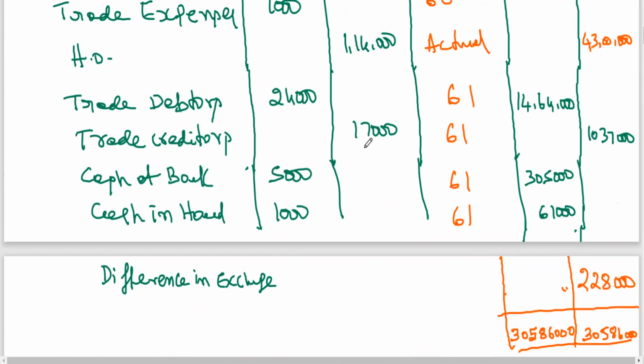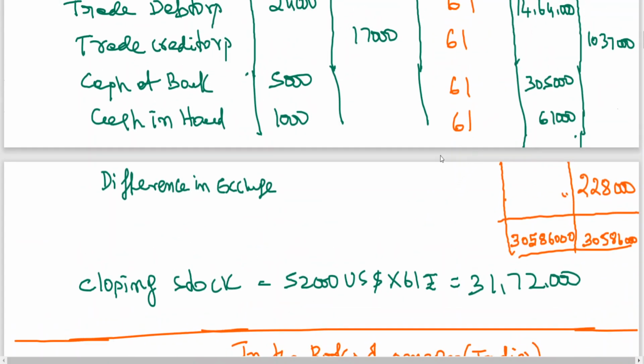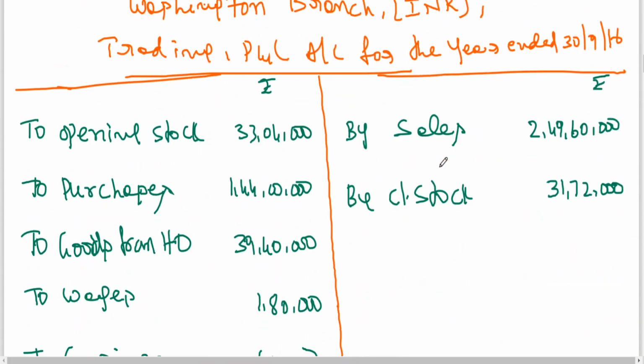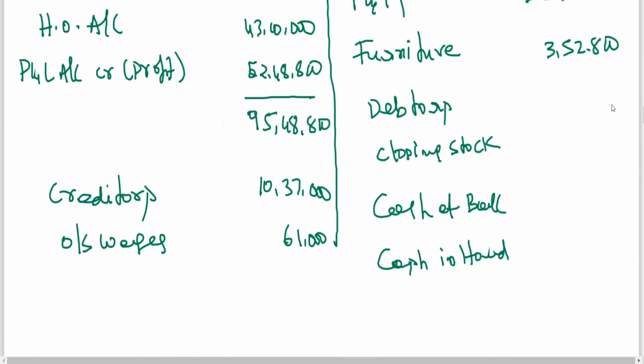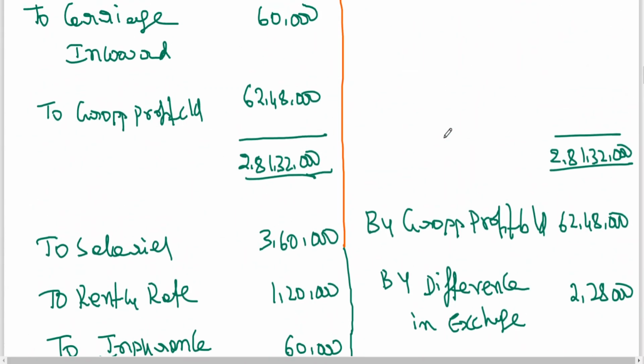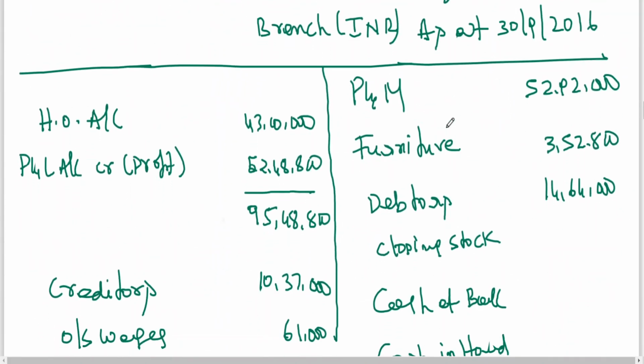Debtors 14,64,000, cash at bank 3,05,000. Stock is also there, no? Stock 31,72,000. So let me write first debtors 14,64,000. Closing stock, here also you were taken, no? Closing stock 31,72,000.